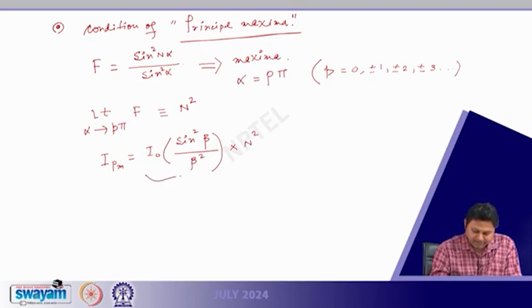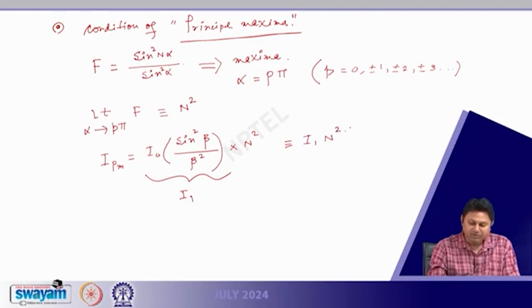If I write this entire term as some intensity I1, this is equivalent to I1 multiplied by n square. So n square times the intensity I1 will be there for the principal maxima.